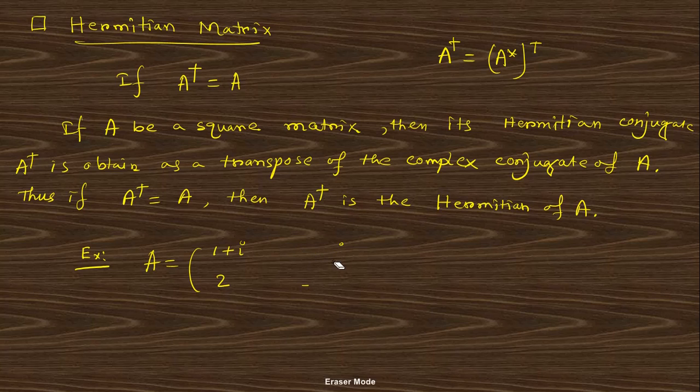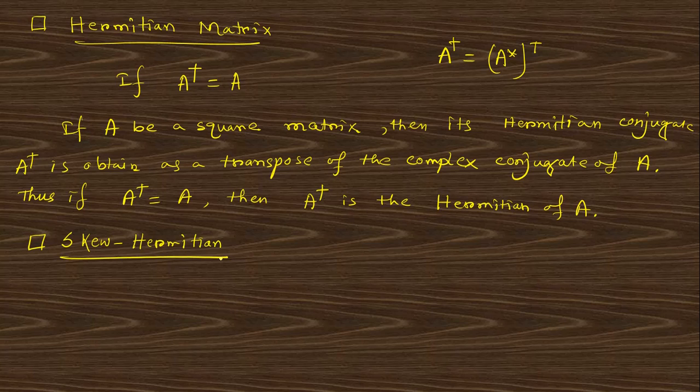And what is the skew Hermitian or anti-Hermitian? Skew Hermitian is just like symmetric and skew symmetric. Okay, matrix.